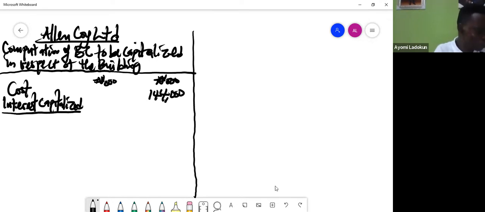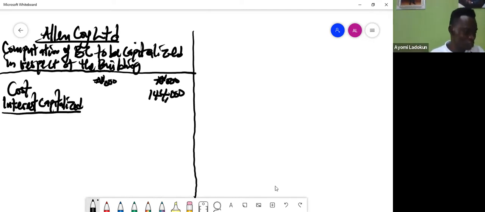Okay. So how much is our interest from the question? You look at that table. They said average loan in the year, interest expense incurred in the year, then income earned from temporary investment on borrowing. And they now told us that the 7-year loan note has been specifically raised to fund the building.